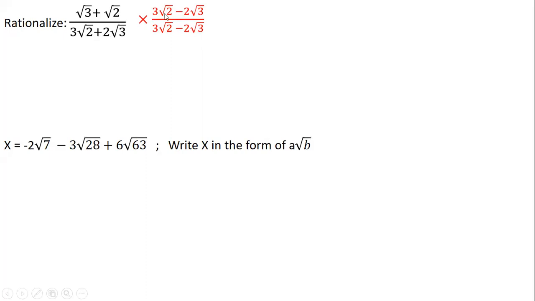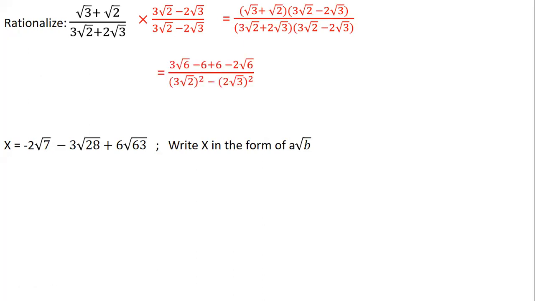We multiply by a fraction, which is the conjugate of the denominator. So 3 radical 2 minus 2 radical 3 over 3 radical 2 minus 2 radical 3. Now, numerator times the numerator over denominator times denominator, we get this. Of course, now it's a matter of calculation, but let me tell you something about the denominator. In the denominator, we always get a plus b times a minus b.